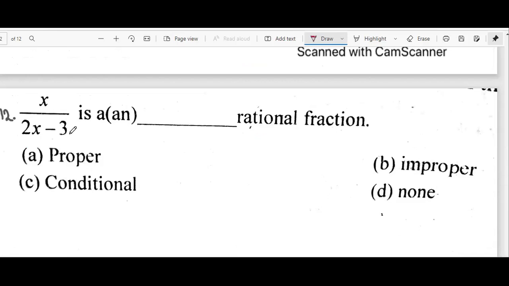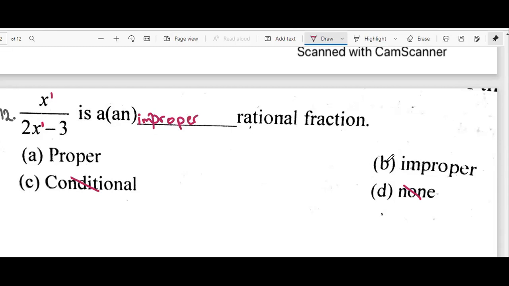X over 2x minus 3 is dash rational fraction. Now, obviously, either it would be proper or improper. So, the degree of numerator is 1, the degree of denominator is also 1. Since the degrees of numerator and denominator are equal, this implies that it is going to be an improper rational fraction, right?